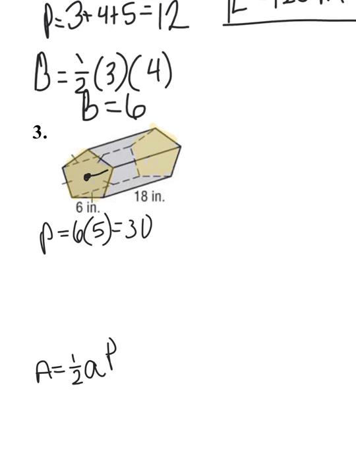Now, I'm going to draw it to where it doesn't affect the number that's already there. So every side was 6. When I draw that apothem, which creates a right angle, it cuts the side in half, so the side is only 3. Now, I need to know how many degrees are in this pentagon. Well, a pentagon has 540 degrees. Okay, divide by 5 sides. I know every corner has 108.